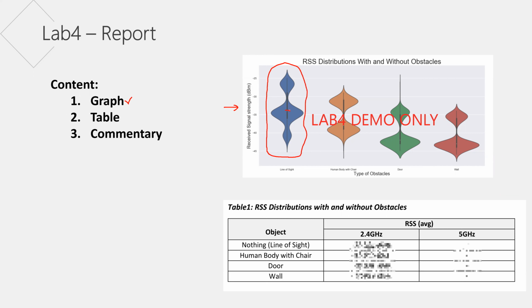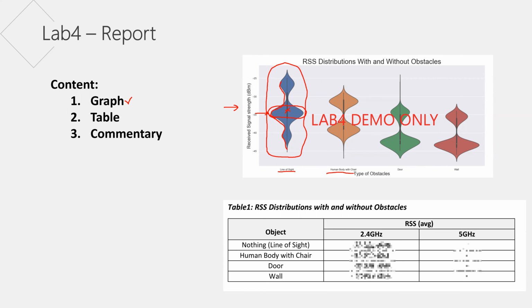You can see here is a single spot, which means this is the median value of it. And then you can see the shape of it, which means the distribution of it. So the line of sight environment has most RSS, the signal strength, around minus 35 dBm.